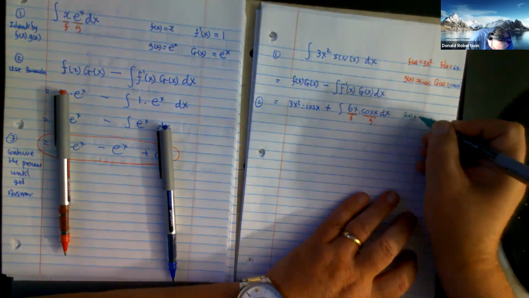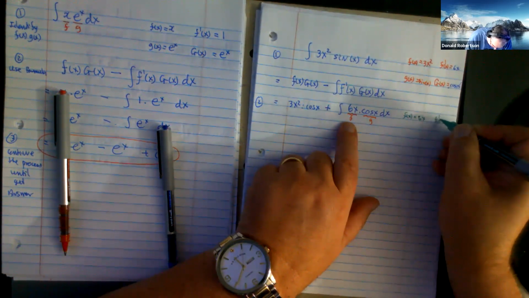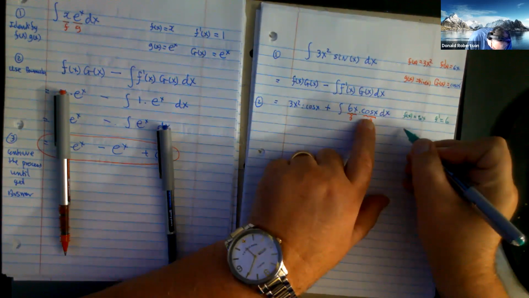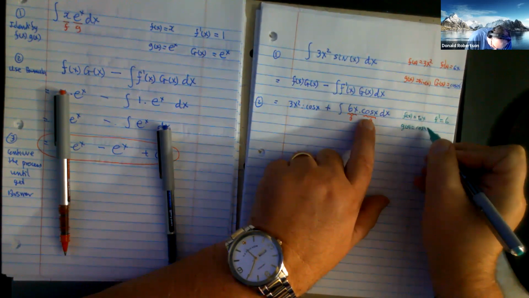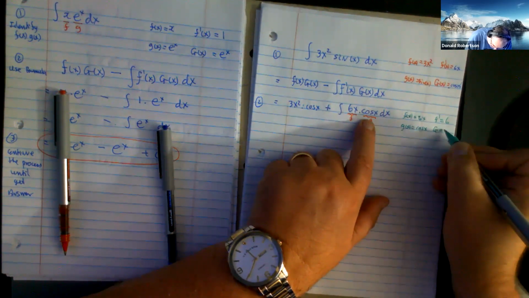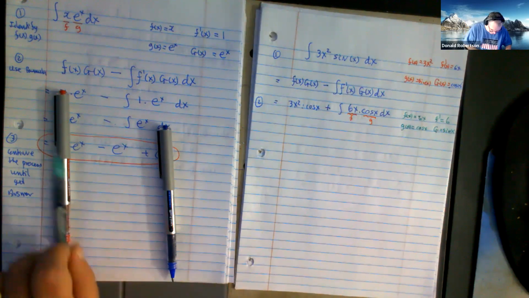So this guy is now going to be 6x and his derivative is 6. And this time, I think I'm going to get away with it. That fella is going to be, and this time it is positive, isn't it? Positive sin x.